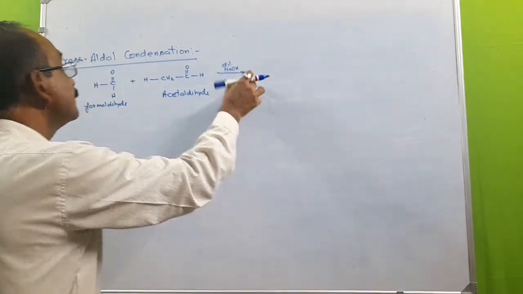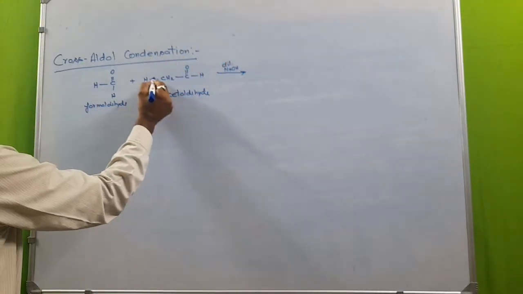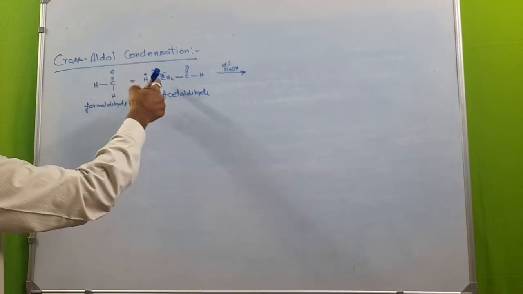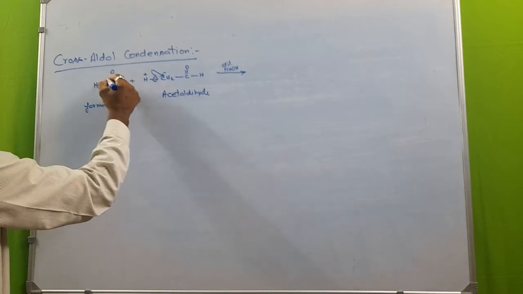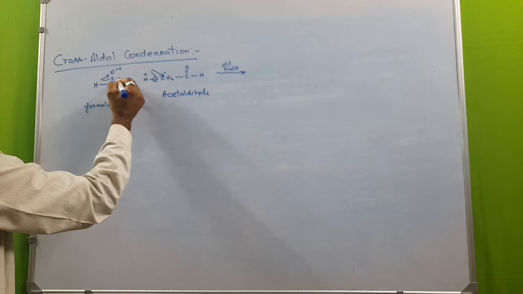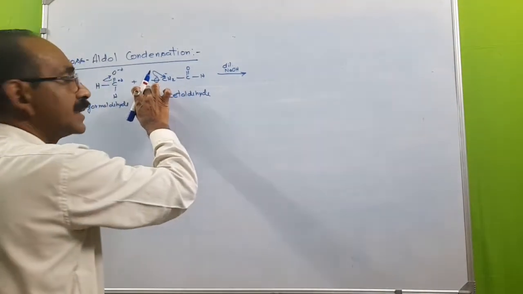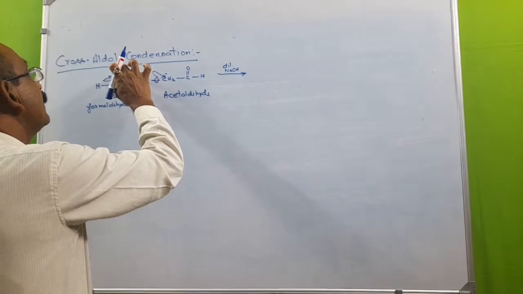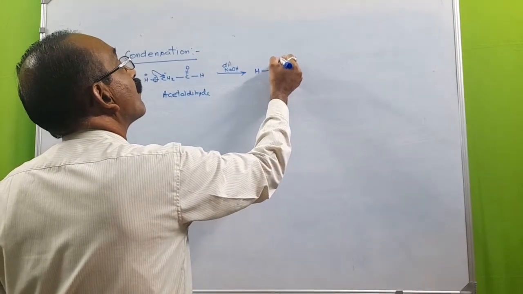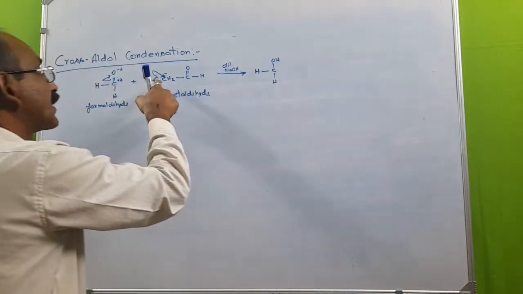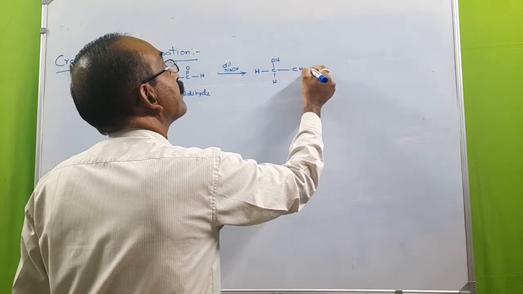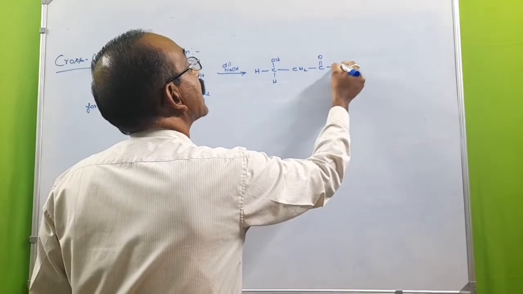So what happens here? The alpha hydrogen will come out as H plus. This carbon will become negatively charged. Now the electromeric effect will come here. Oxygen will acquire a negative charge, carbon will acquire a positive charge. The hydrogen will form a bond with the electronegative oxygen, and the electronegative carbon will form a bond with this electropositive carbon. We'll get this type of product.